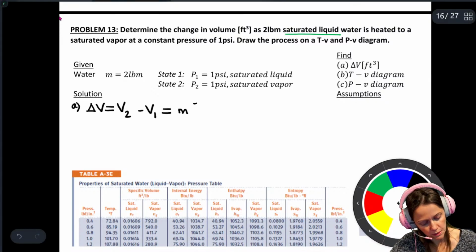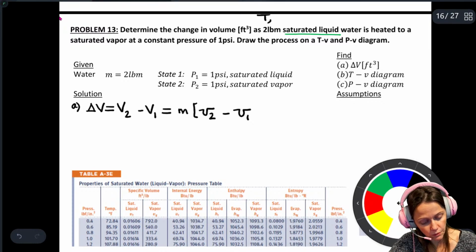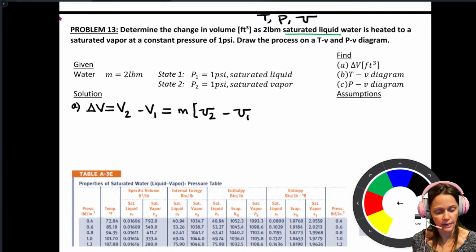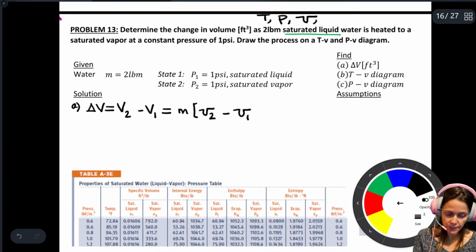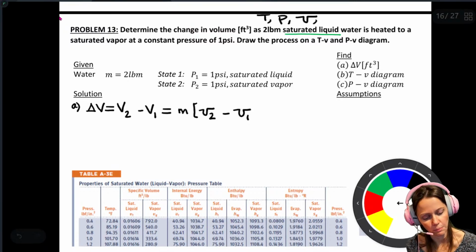I'm going to put it in terms of mass and specific volume, because specific volume, remember, is one of those properties, those intensive properties that we can use to fix the state. In addition to whether or not it tells us is it a saturated liquid or a saturated vapor.